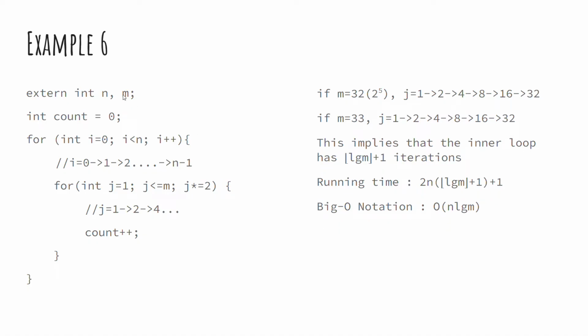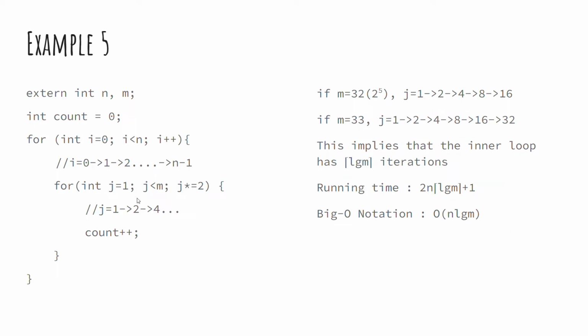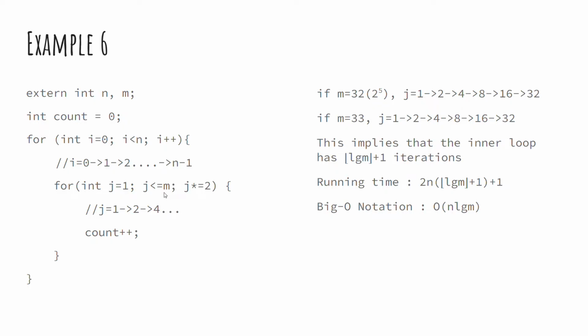Okay, so example 6 is pretty much similar to example 5. The only difference is that we have an equal to sign here. If you look at example 5, there's no equal to sign, but this small change changes our answer.